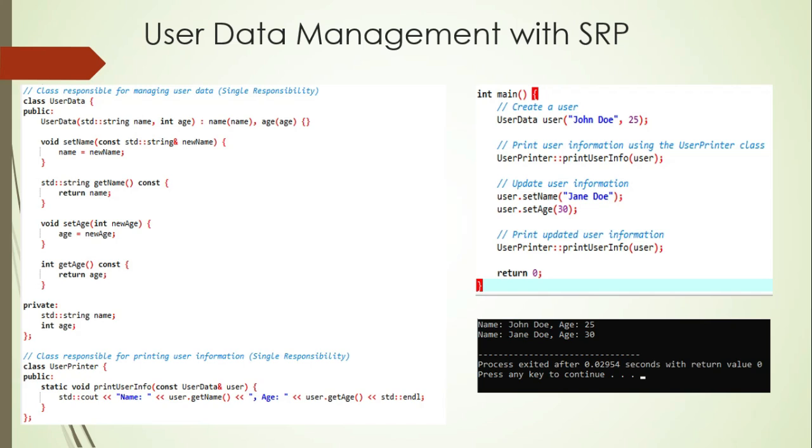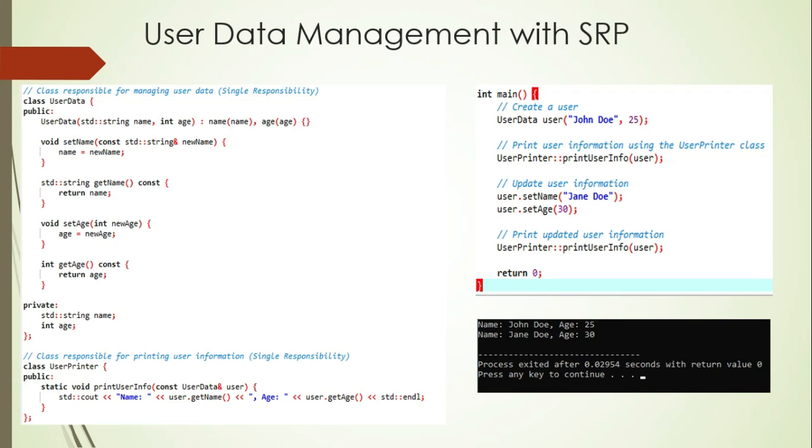Now we have another class. This UserData class is designed specifically for taking the name and age and then showing them, so setting and then getting. The class UserPrinter is responsible for printing the user information.